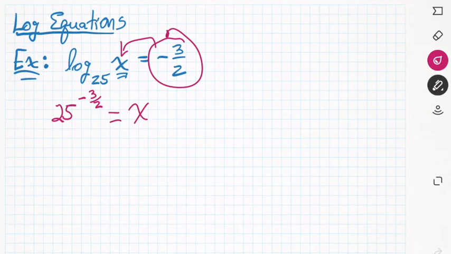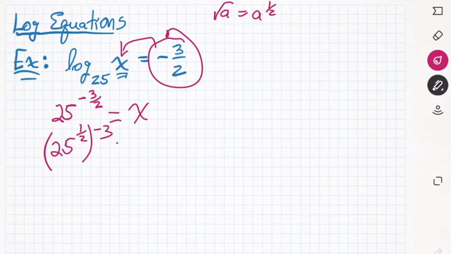In previous videos, I've told you that the square root of a number is the same thing as the number raised to the 1/2 power. So one way of looking at 25 to the negative 3 halves is as 25 to the 1/2 power raised to the negative 3, because power to a power you multiply, and negative 3 times 1/2 is negative 3 halves.